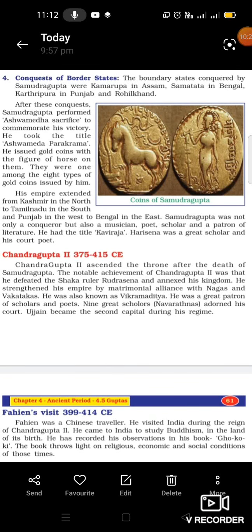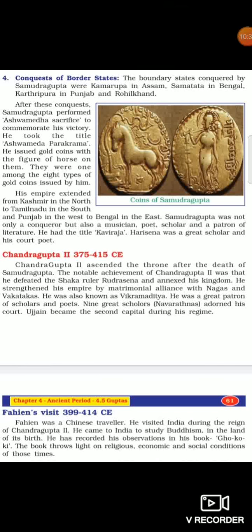Samudragupta was not only a conqueror but also a musician, poet, scholar, and a patron of literature. He had the title Kaviraja. Harisena was a great scholar and court poet.